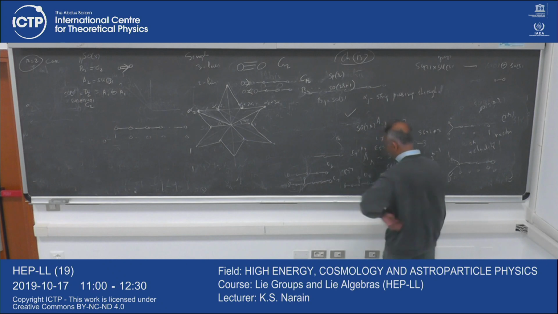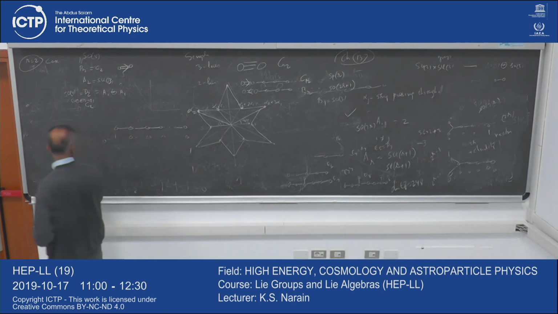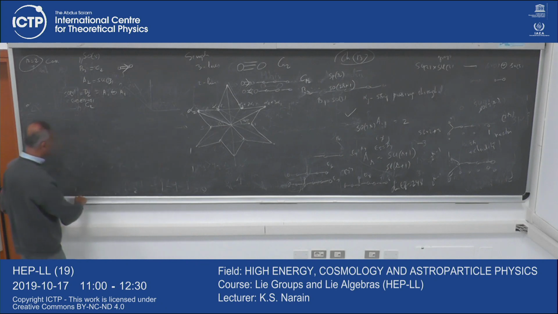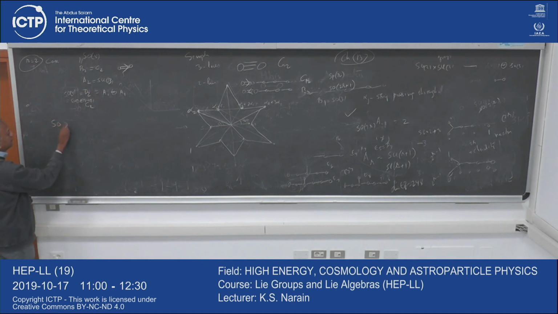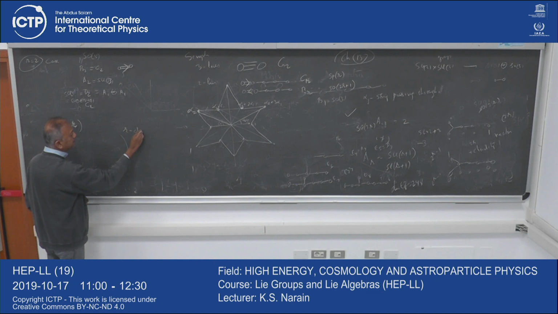what happens is that let's look at the SO2n. You can write the roots, and n is the rank. Maybe I should call it R. R is the rank. That means I can write everything in an R-dimensional Euclidean space, right? The roots I can put in the Euclidean space.